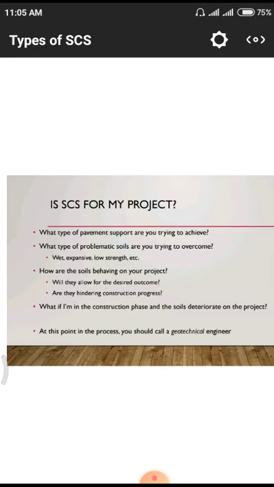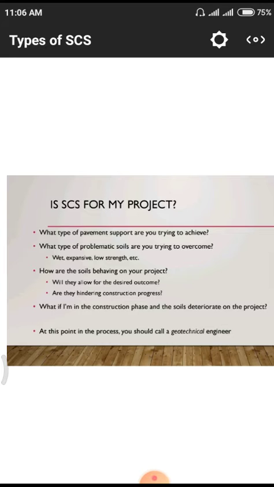The second question is, what type of problematic soils are you trying to overcome? That means if we are modifying the properties of soil by cement stabilization, on what lands do we have to implement these projects? First of all, wetland. Normally in wetland the water will be stagnant on the surface, so there may be an increase in the content of water.